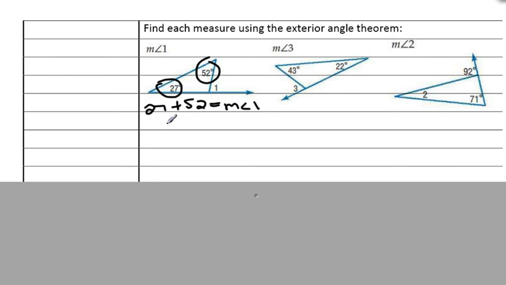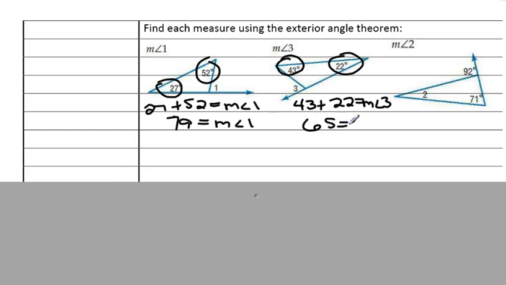So 27 and 52, 27 plus 52 is 79, so that would be the measure of angle 1. So we have the two interior angles add together and equal the exterior. So 43 and 22 would be 65. That's the angle measure for 3.